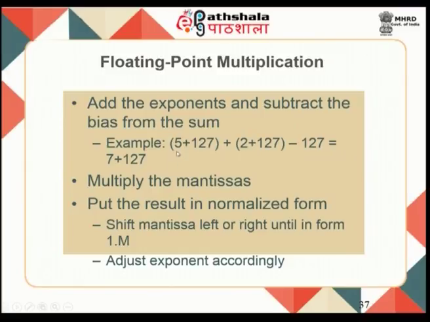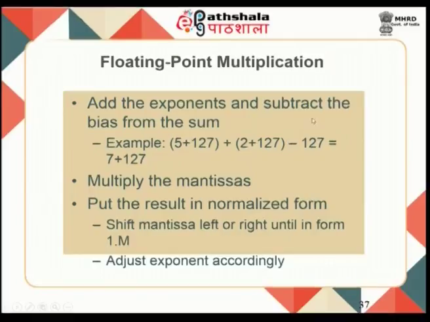Say, for example, if one exponent value is 5 and the other exponent value is 2, you would have added 127 to the first exponent value, and the bias of 127 would have been added to the second exponent value. So, when you just add both of them, you have two 127s added. So, obviously, you will have to subtract 127 from it, only then you will get the result in the biased exponent form. The actual exponent is 7, but you will get 127 added to it because it is in the biased exponent form.